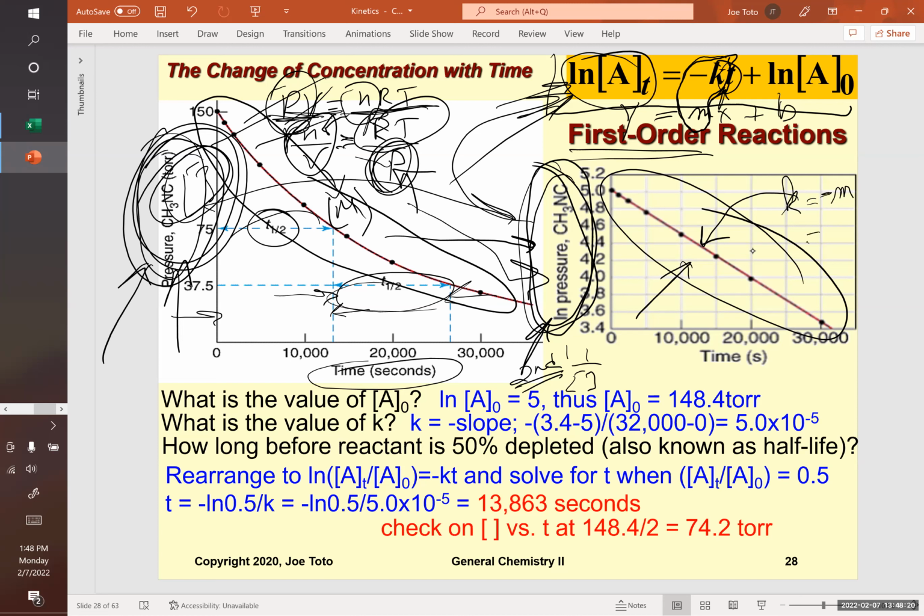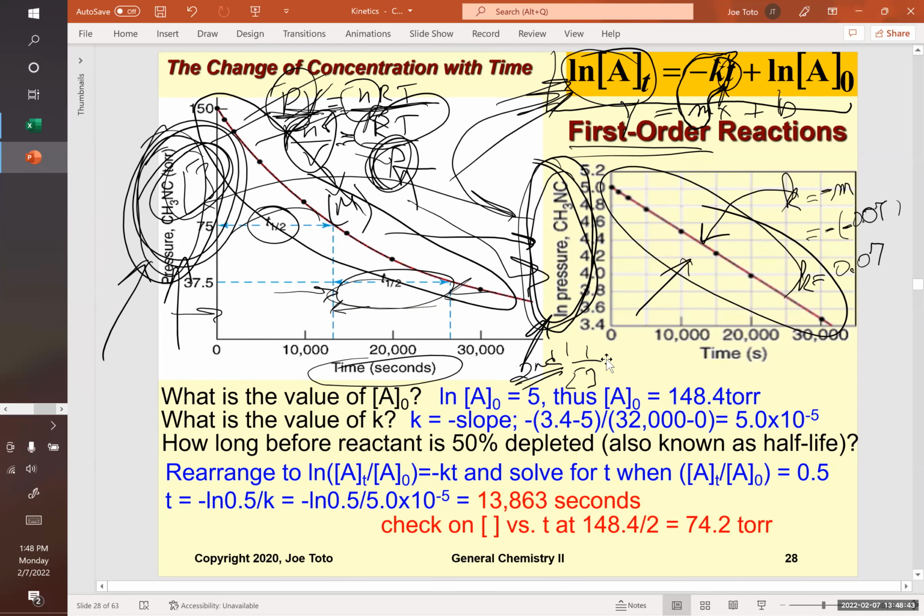So it's like this equals minus a negative 0.07, whatever. So k equals 0.07 positive. Okay, any questions on that?